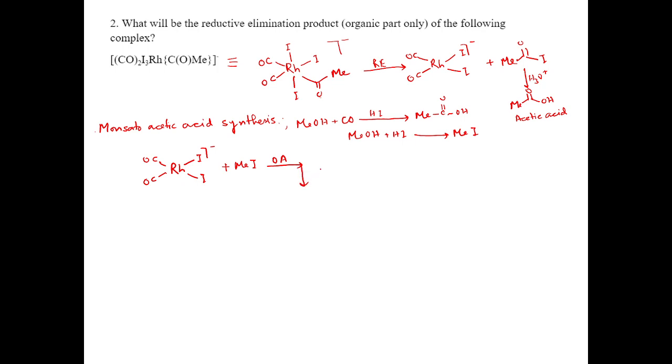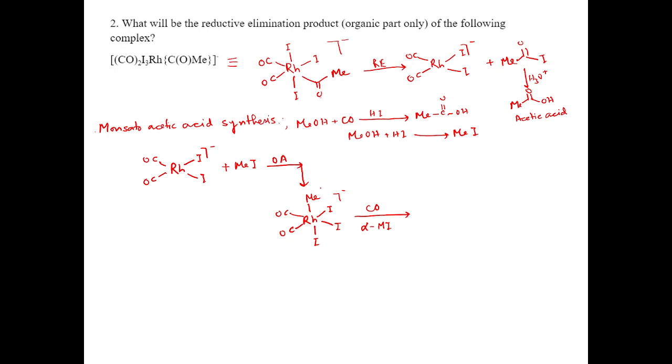Because of that, this type of complex will form, and after that, in presence of carbon monoxide, it can do alpha migratory insertion reaction.